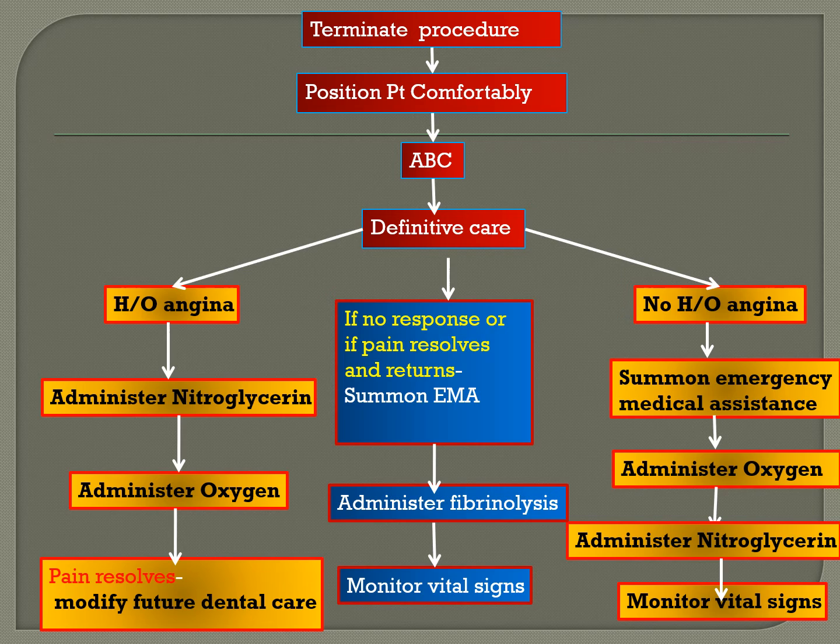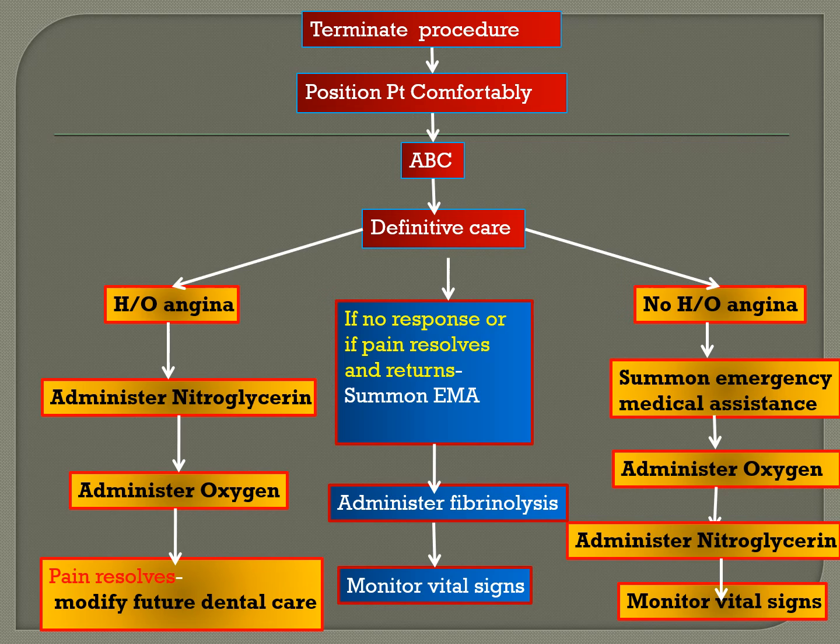So what is the treatment plan if the patient has symptoms of angina? Determine the procedure, position the patient comfortably, and check airway, breathing, circulation. If there is a history of angina, administer nitroglycerin and oxygen, and if pain resolves, modify future dental care.